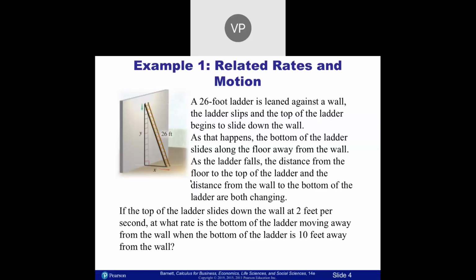In this case, what they're saying is the ladder is falling at 2 feet per second. So it's almost like pretend there's a rope right here and somebody's lowering it at 2 feet per second. And as that's happening, of course, the ladder's going further and further out until it hits the ground.